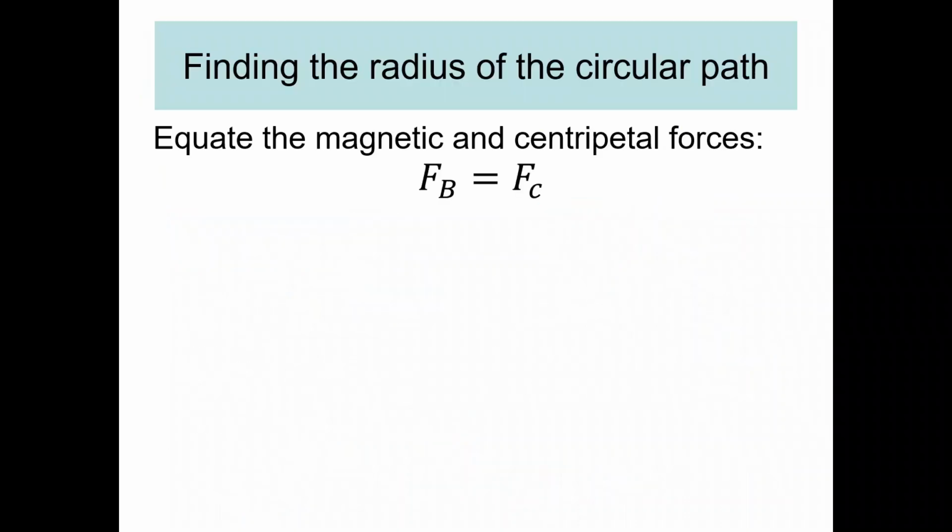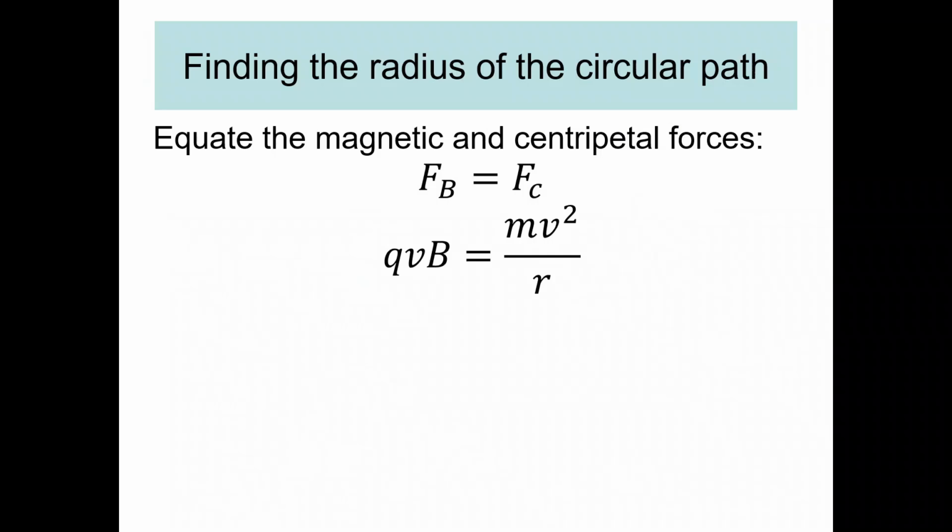So how do we find the radius of that path? So we know that it's a circle. We know which direction it goes around the circle. How do we find the radius? So we just said that our magnetic force is acting as the centripetal force. So our magnetic force FB is equal to our centripetal force. Remember, our centripetal force is a net force, so it's equal to m a_c.